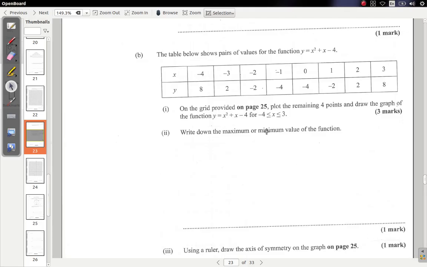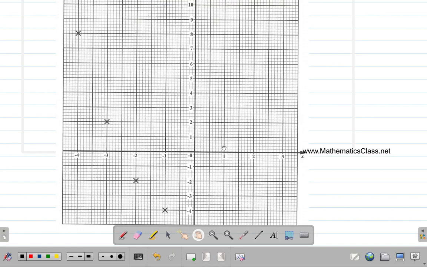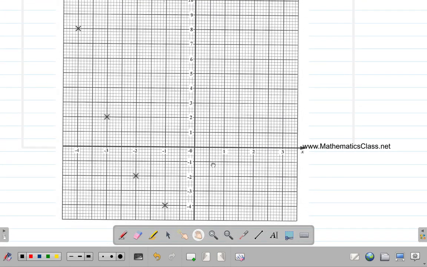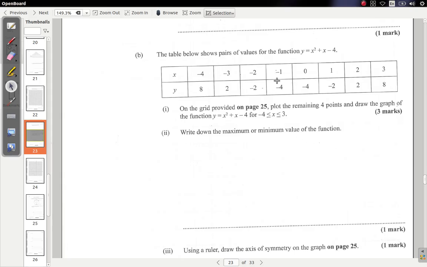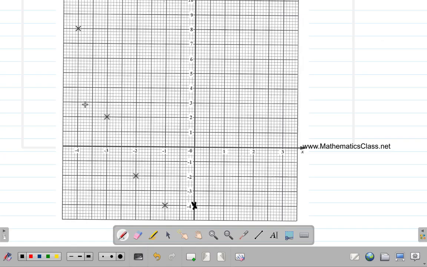Now, 0, negative 4 is the next point you must plot. So when x equals 0 and y equals negative 4, right here. Then you have negative 1, negative 2. Wait, hold on there. Positive 1, negative 2.